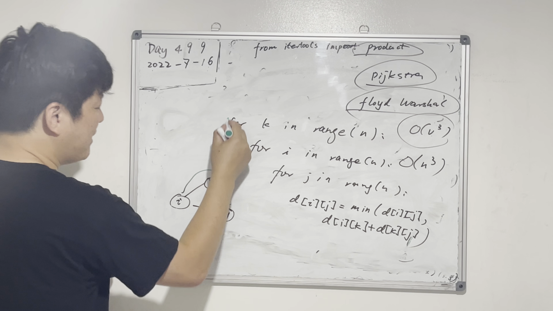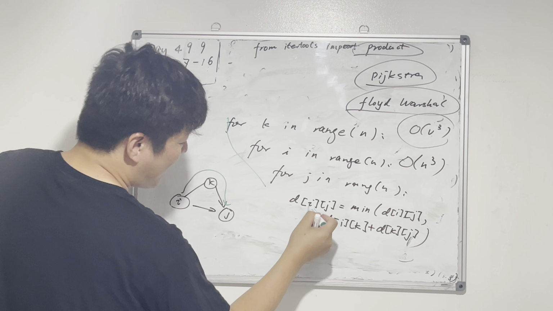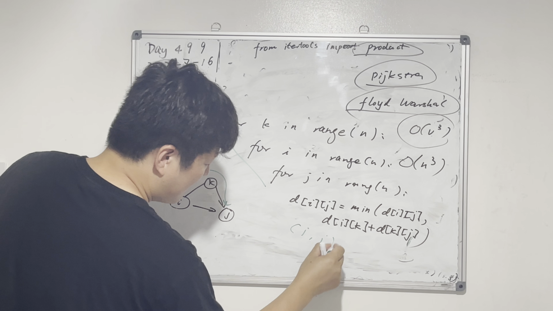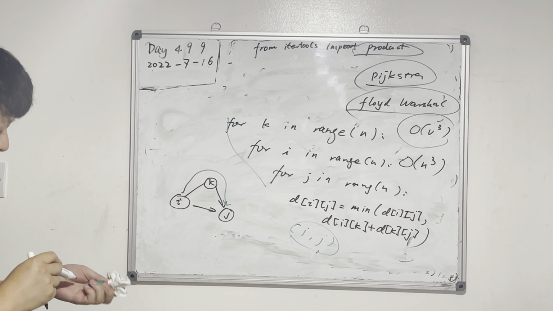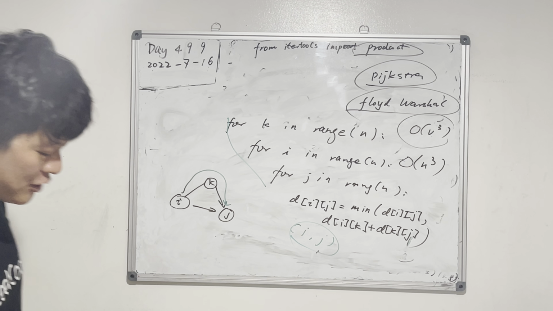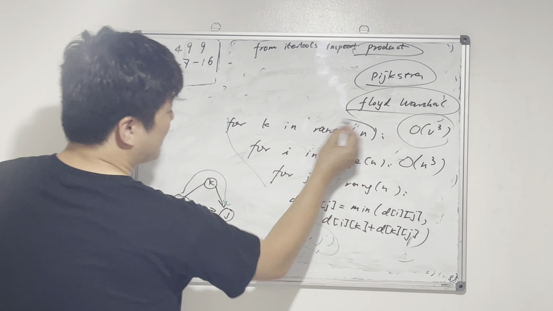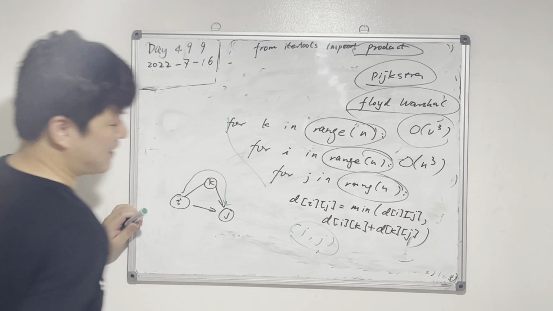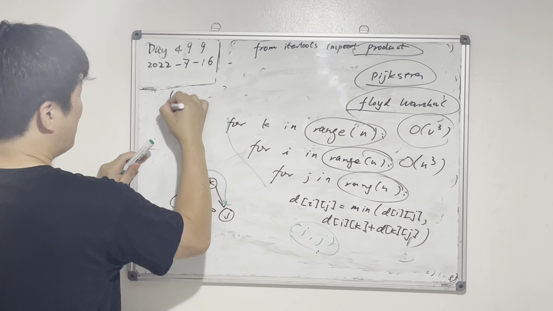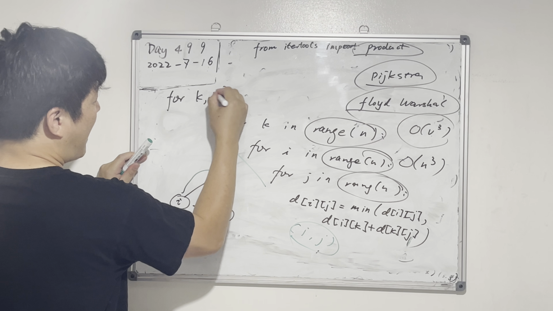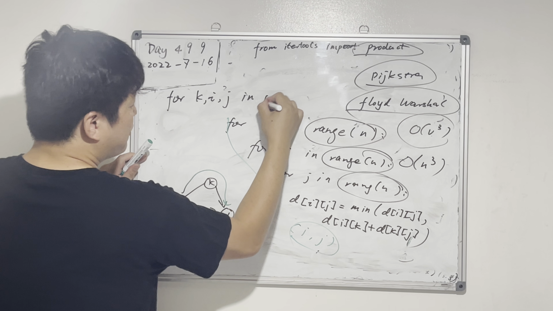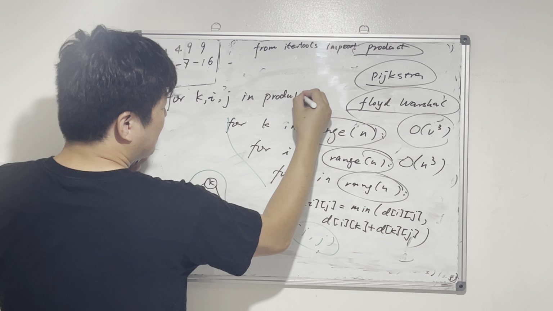But this one, look, this is IJ, this is the tuple, right? So we can use the Cartesian product. Because this is the same, basically we can replace this with for K, I, J in product, we can use this syntax.